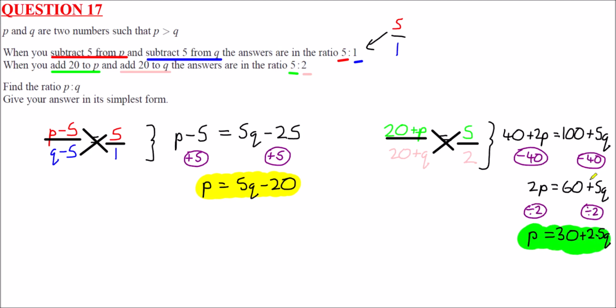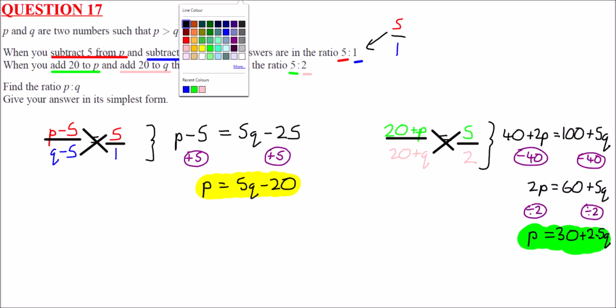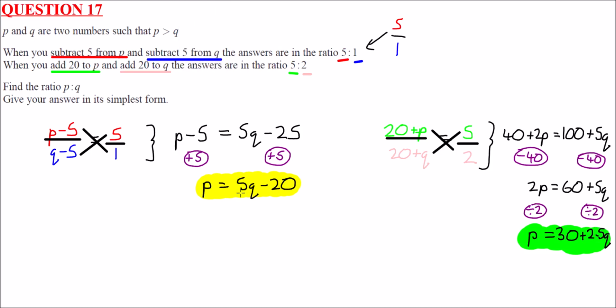So now we need to compare what I've highlighted in yellow to what I've highlighted in green. Both are equal to P, so what this means is that 5Q minus 20 must equal 30 plus 2.5Q, because P equals both these things.